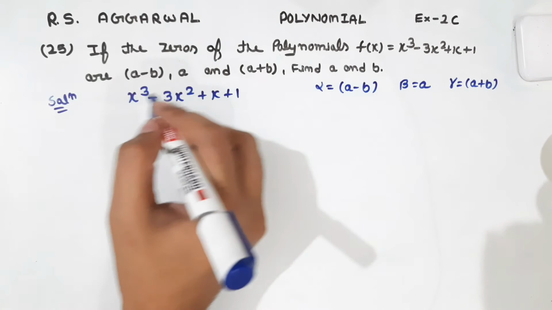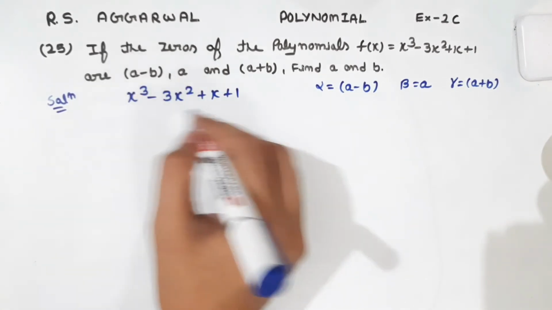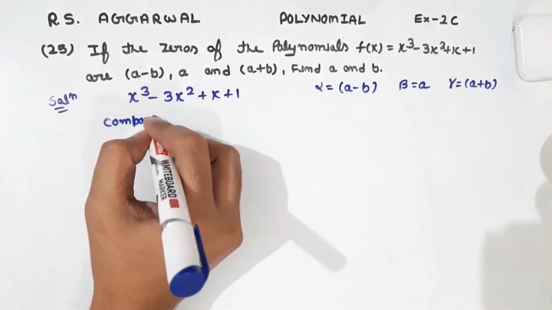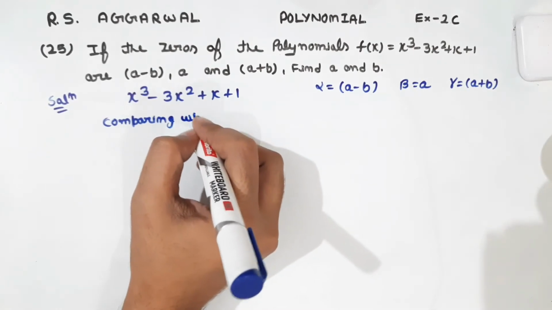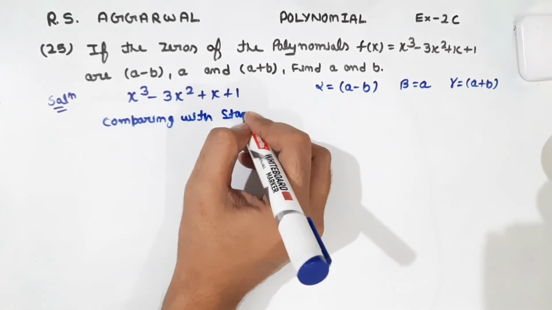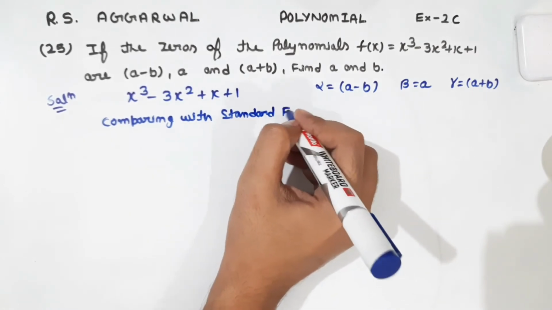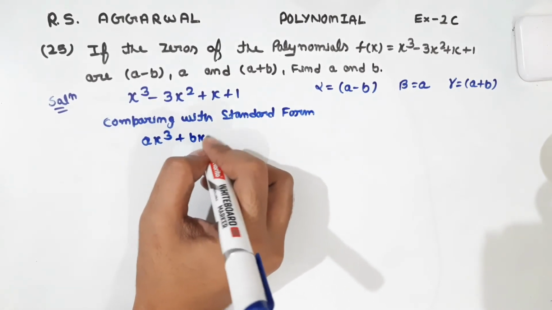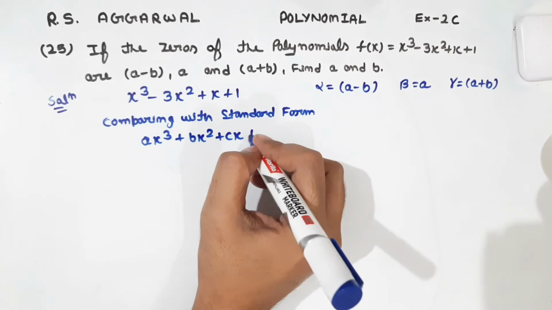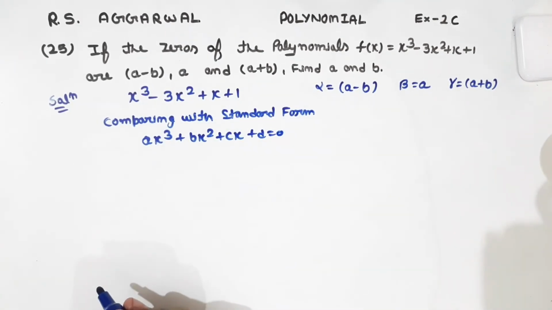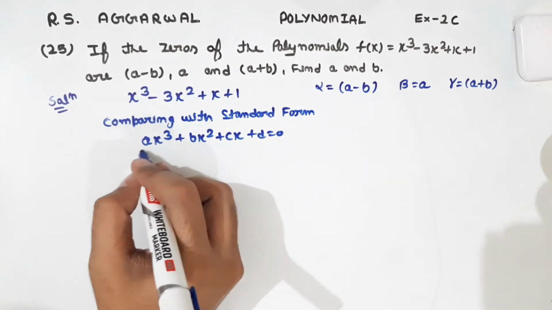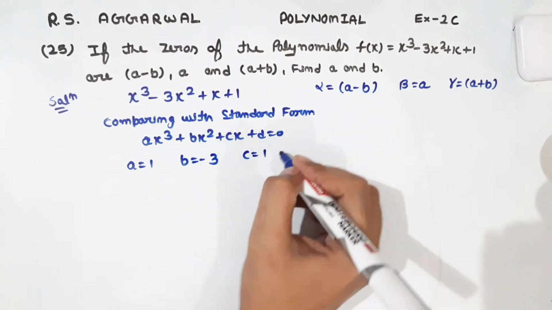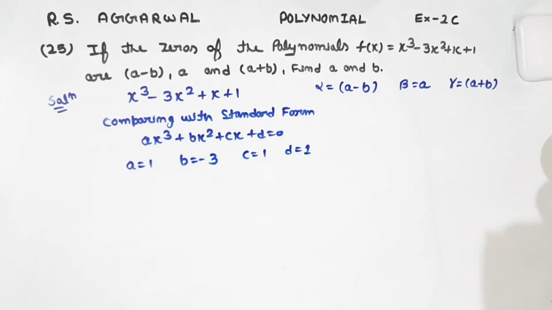Now comparing this cubic polynomial with the standard form ax cube plus bx square plus cx plus d equals 0. So from here a will be equal to 1, b will be equal to minus 3, c will be equal to 1 and d will be equal to 1.